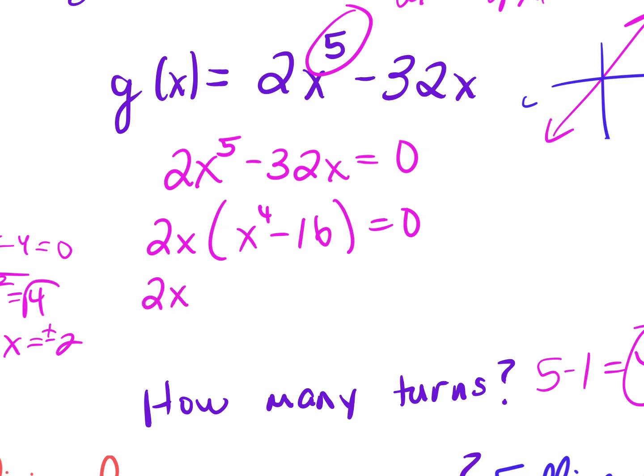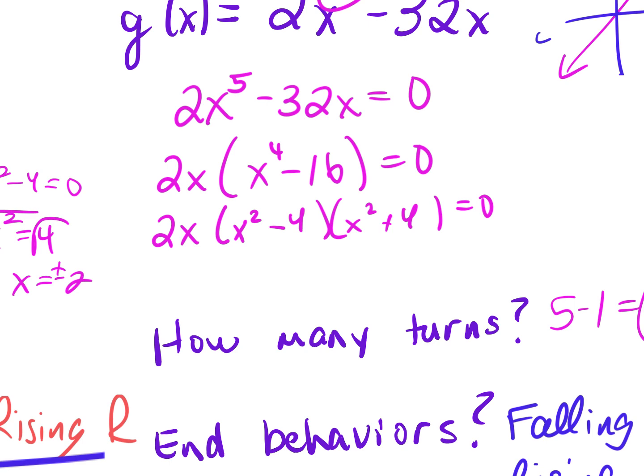Can I factor x to the 4th minus 16? I know I can, I just don't know what. What times what gives me x to the 4th? X squared, good. What times what gives you 16? So minus 4 plus 4? Good. Can I factor a little more? So 2x, then I have what here? X plus 2 and x minus 2. Perfect.